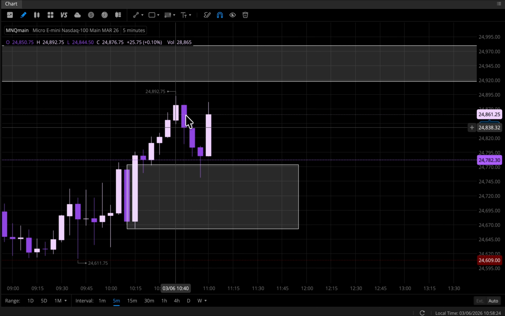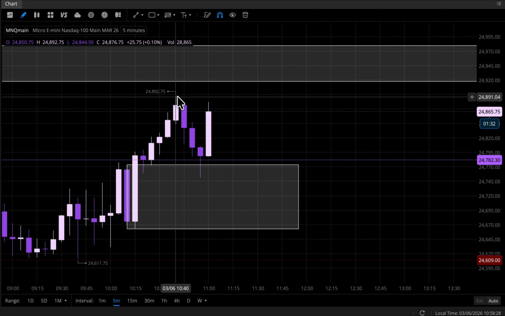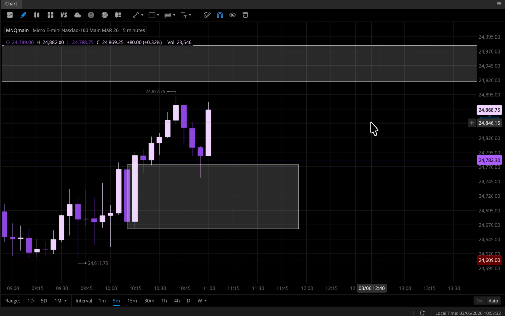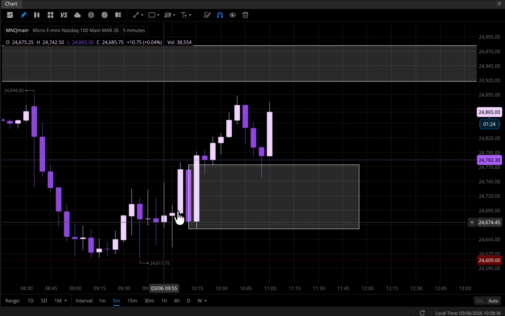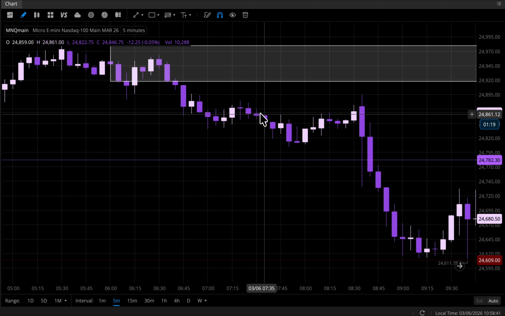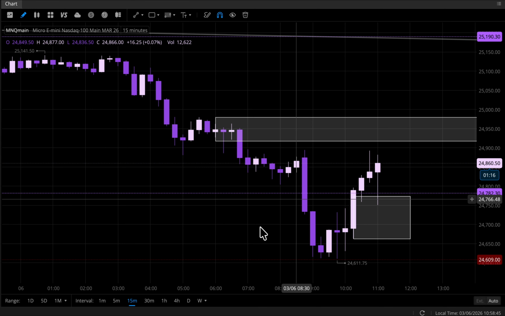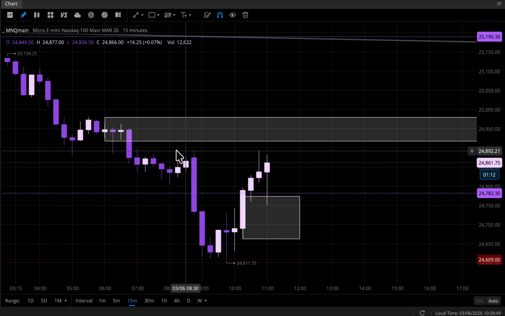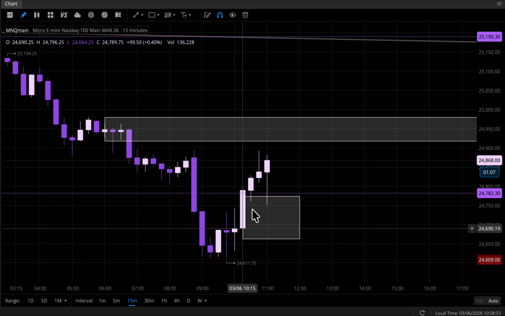It tapped here, then came back, tapped again, and went even more. So that's where it would have come out of, but we wouldn't have known that, just because price wasn't really giving us a direction. This would be the breaker structure on a higher time frame. We were getting minor breaker structures, so.